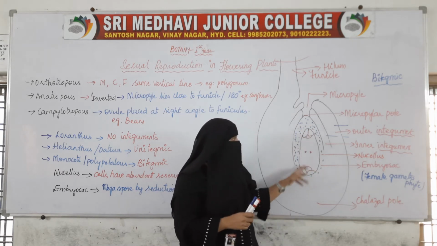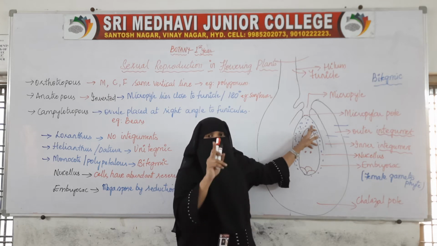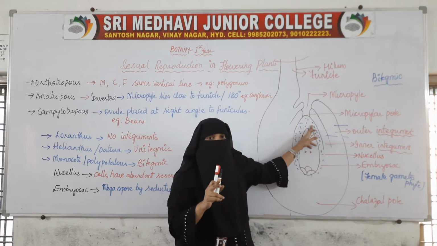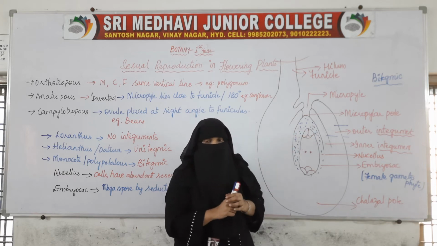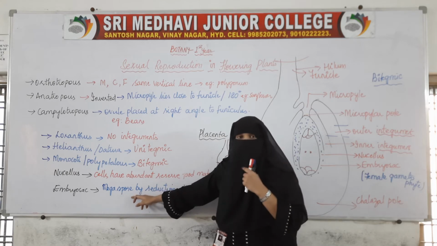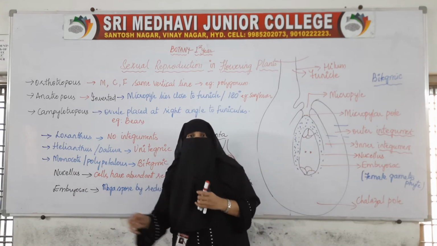inside this nucellus tissue, out of that many cells, one cell called the megaspore mother cell will undergo reduction division and produce the embryo sac.